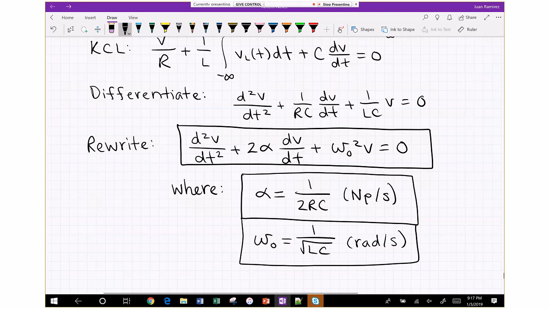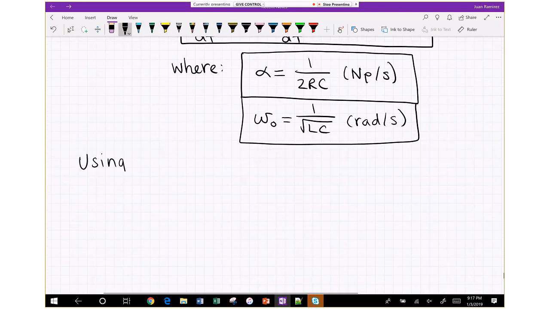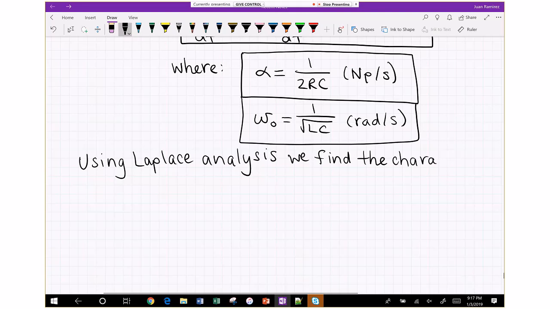Okay, now using Laplace analysis, we can find the characteristic equation. And that characteristic equation looks like this, with roots that look like this.